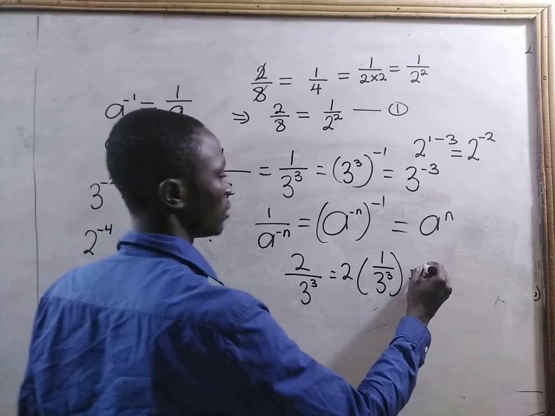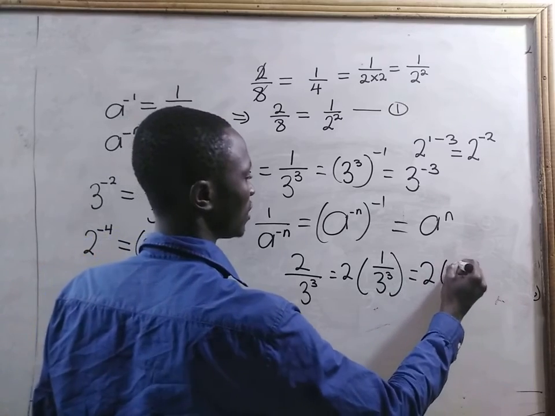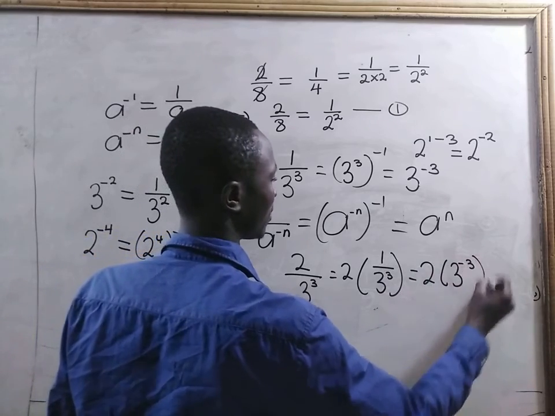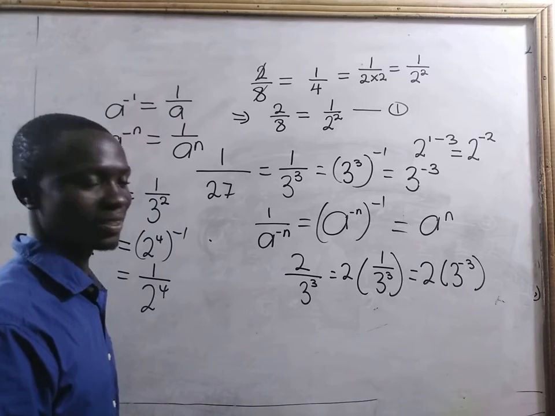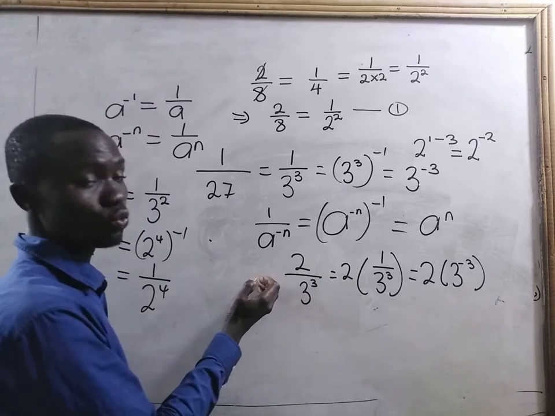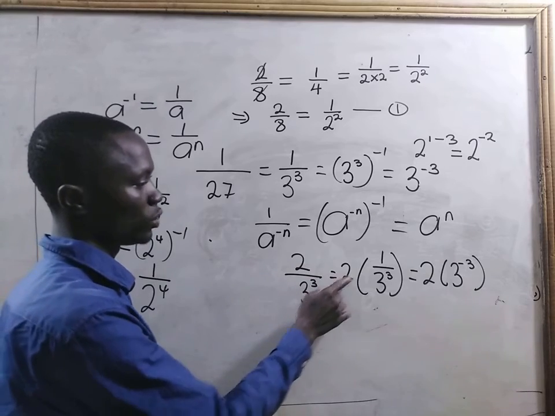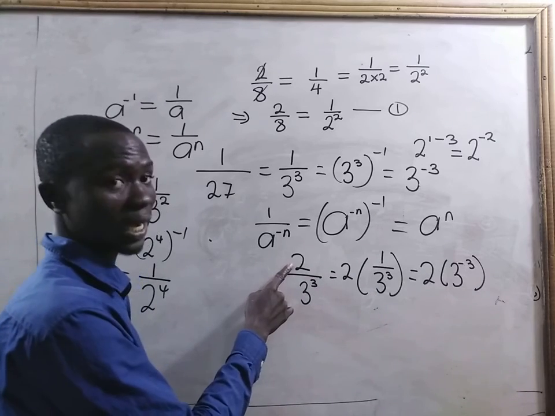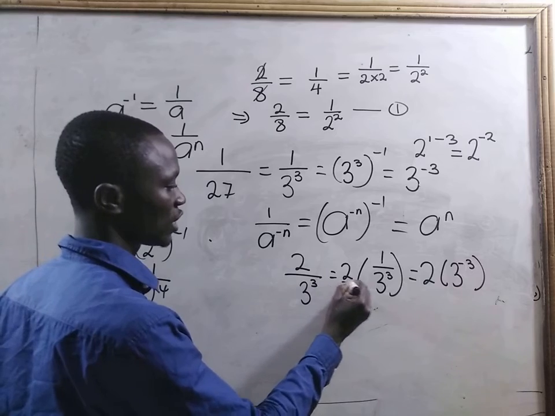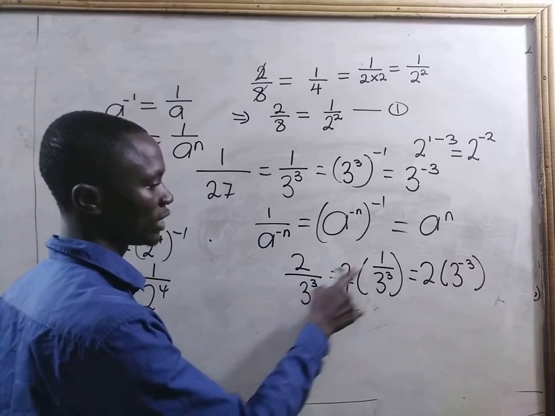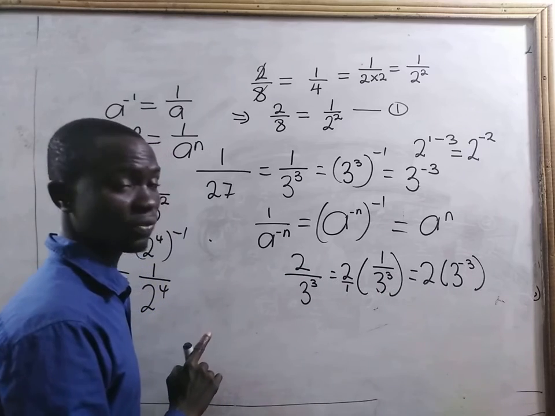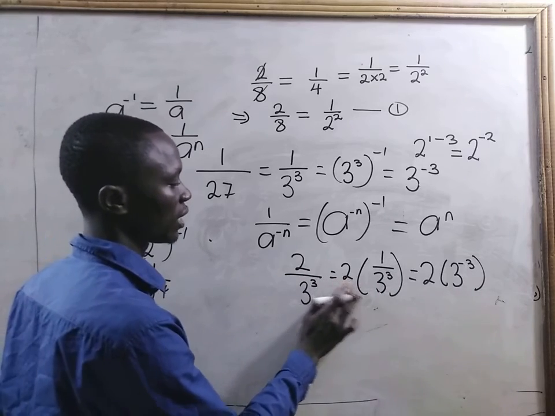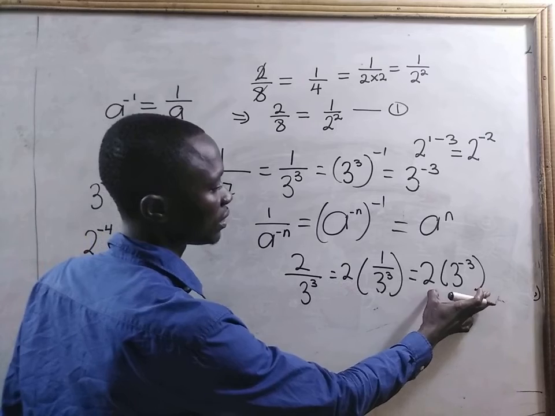And this will be 2 times 3 exponent negative 3. Yes, it can be done this way. Here, you factorize the 2 out. 2 times 1 will give us 2 back. And remember, if I do this, this one is over 1. So 2 times 1, 2. 1 times 3 exponent 3 will give us 3 exponent 3. So this one can be done this way.